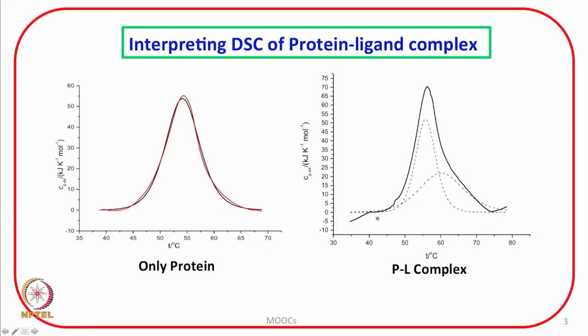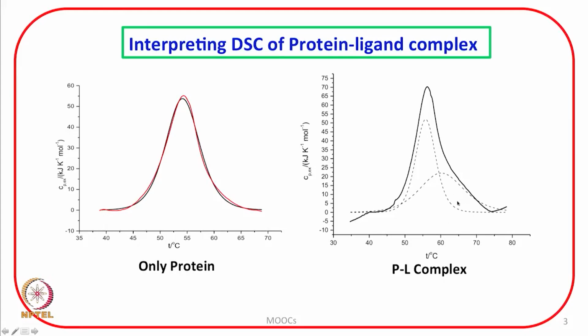The overall endotherm is the black solid line, and we can clearly see that it is not a symmetric endotherm, especially when we look at the right hand side. The curve deconvolution shows that there are two endotherms embedded under this overall endotherm. These two endotherms are shown by the dotted lines.